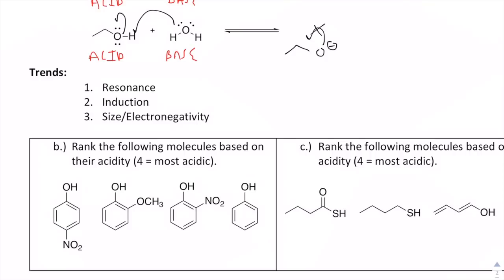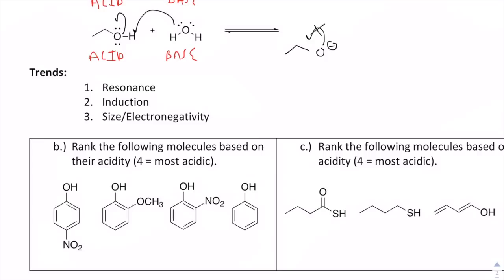Size and electronegativity: with increasing size, we become more polarizable, with more shells around that atom, which means there is more space to accommodate the negative charge. For electronegativity, the more electronegative the atom, the more equipped it is to house a negative charge. I put size and electronegativity together because they pretty much parallel one another.